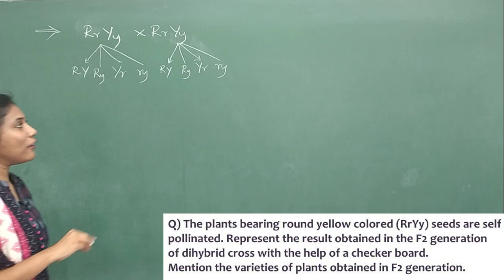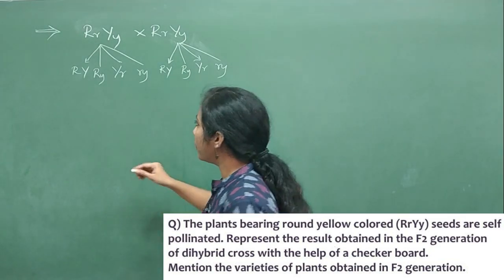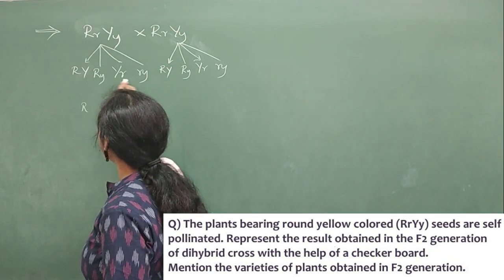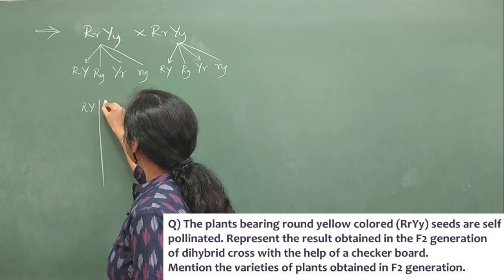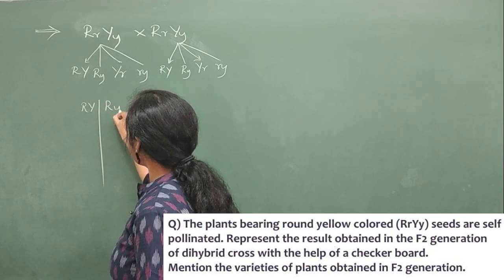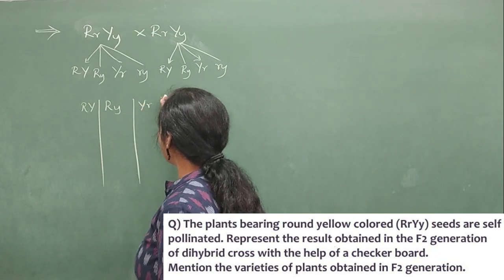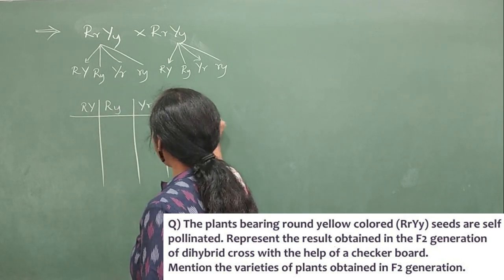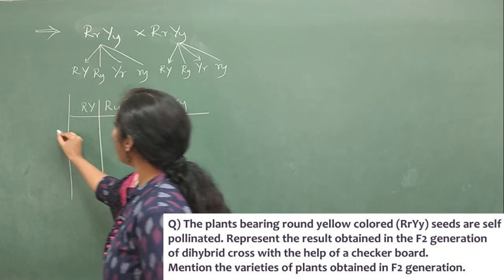Fine. So how do you show the different varieties of plants using a checkerboard? So you have to put a checkerboard now. So let me put the gametes of these plants this side. Capital R, capital Y, capital R, small y, isn't it? Capital Y, small r, and then small r, small y. So these are the gametes of one plant, and now the gametes of another plant.